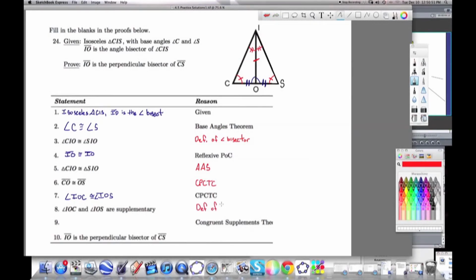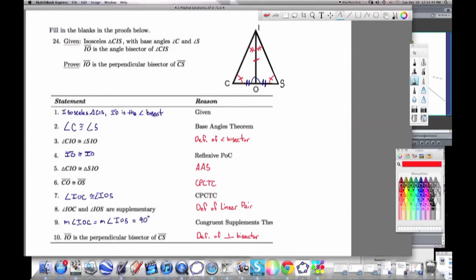And now we can say angle IOC and angle IOS are supplementary. That's the definition of a linear pair. And then we can say the measure of angle IOC equals the measure of angle IOS. They're both going to be 90. That's the congruent supplements theorem. And then there's the proof statement here.